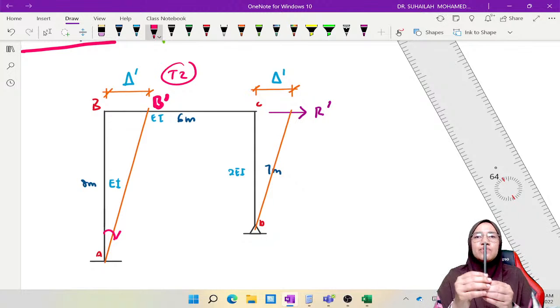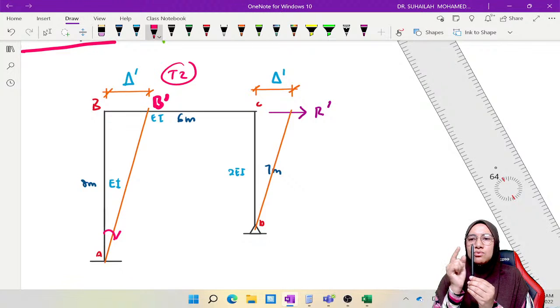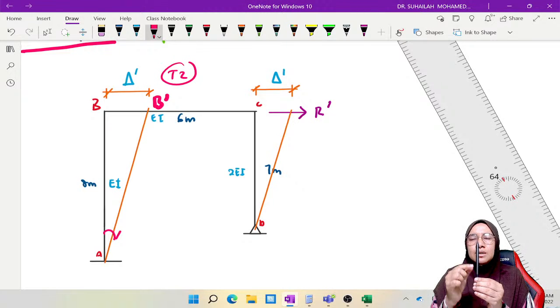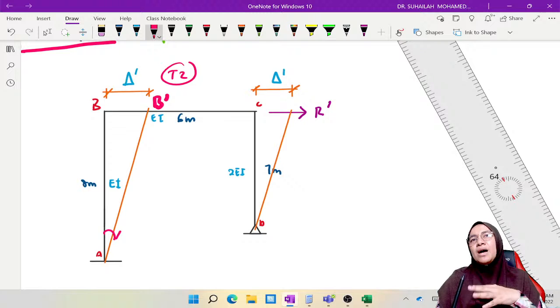For example, when this pen, this column, tends to sway in this direction, it moves from the original vertical position to the other position due to side sway, and the moment will counter back. So that is the concept: the original position, due to side sway, moves to a new position, and the moment counters back. That is the behavior of the column due to side sway, due to delta.